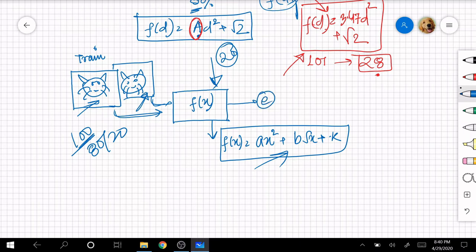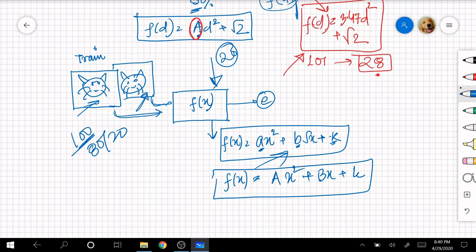And whenever I get the error, I modify A, B and K here until a point where my accuracy is very high, and then I say here is my equation, which is ax square plus bx plus k. Now every time we feed in a picture of some animal, it should be able to classify it as either it is a cat or it is not a cat. That's what classification could be.